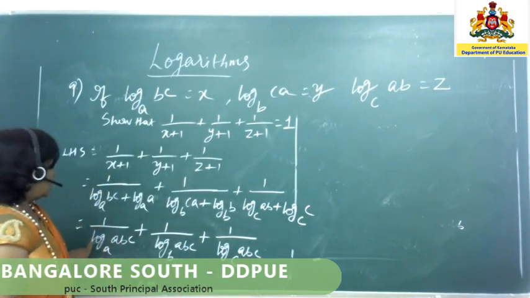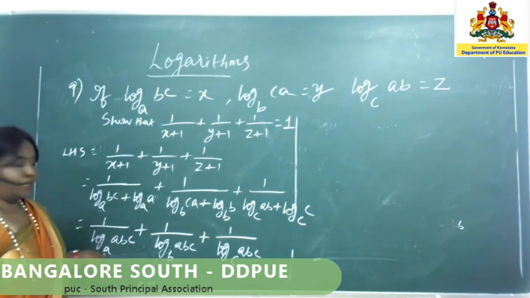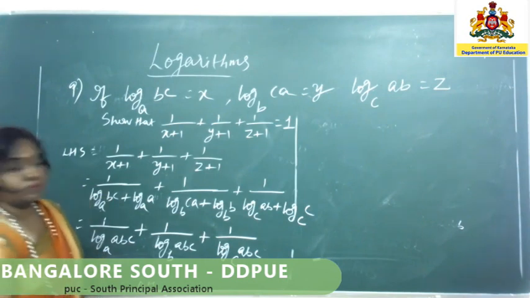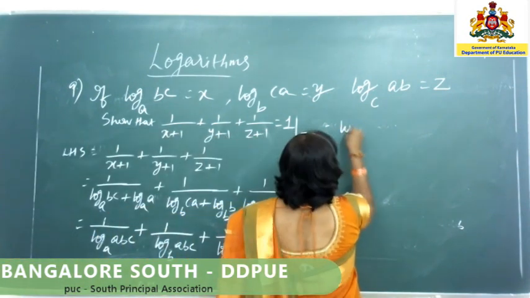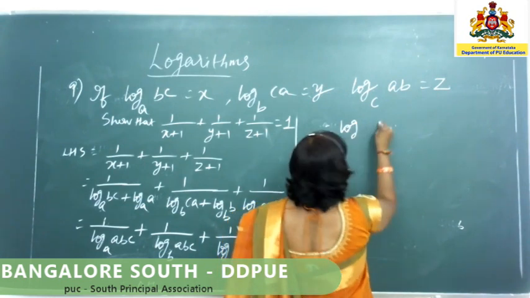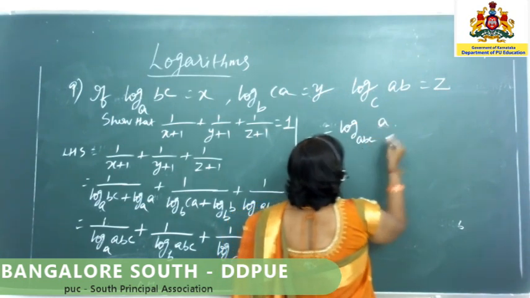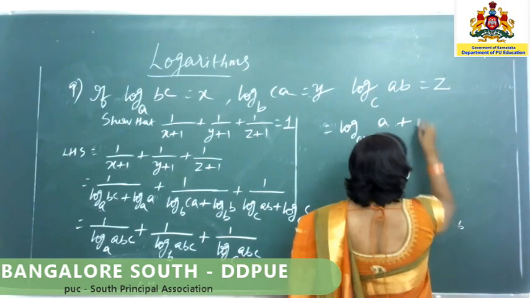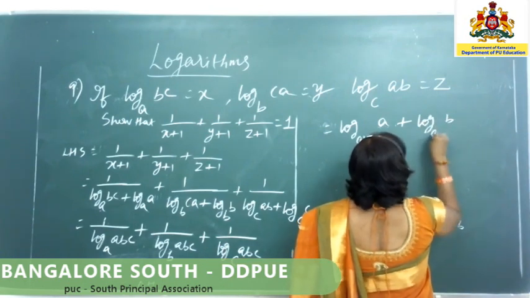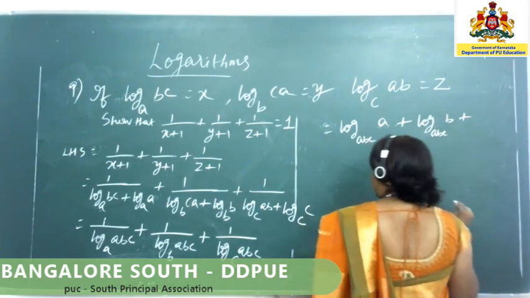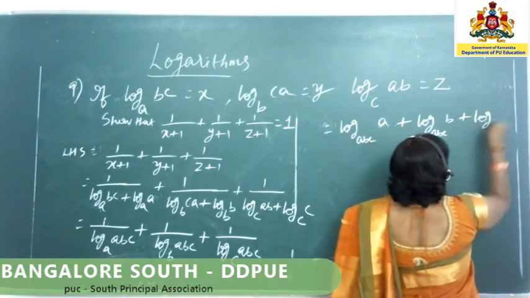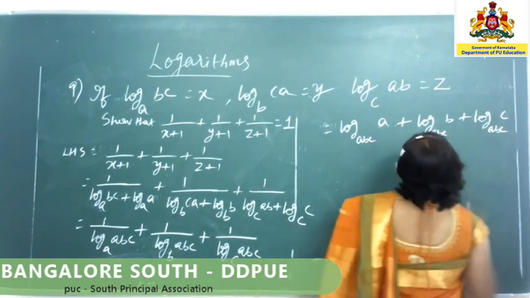So now 1 by log ABC to base A can be written as log A to base ABC. So this can be written as log A to base ABC plus, the second term in the same way, log B to base ABC, the third term log C to base ABC.